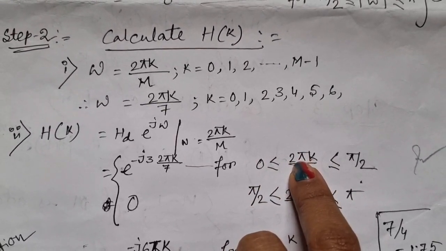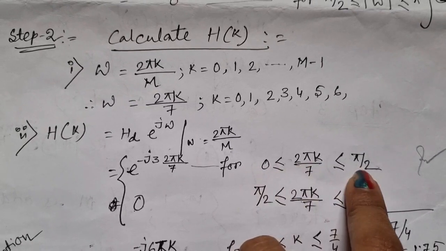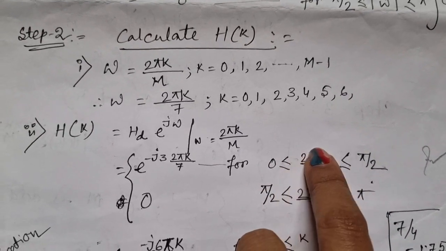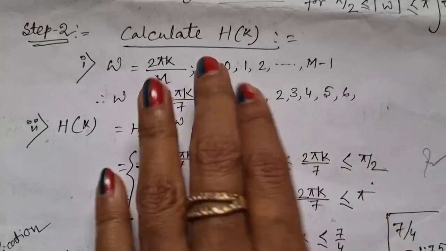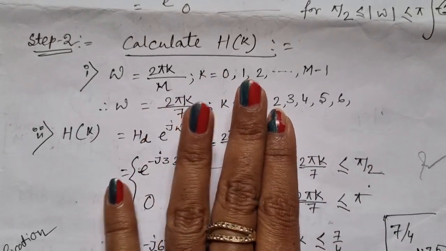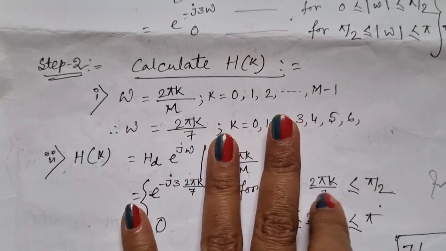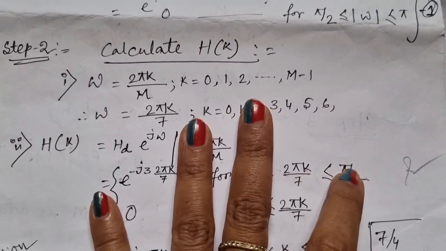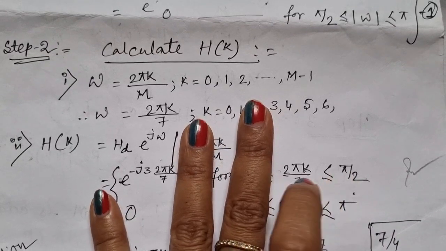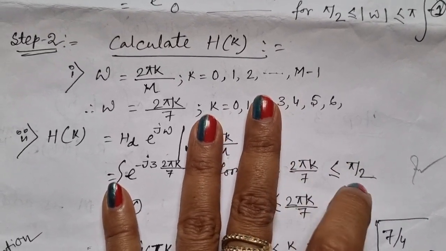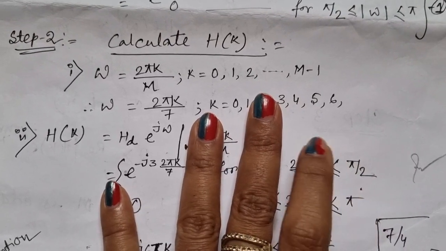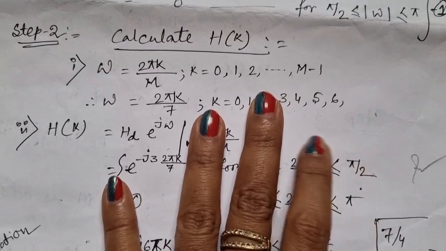Whenever we have this limit, we can simplify: this pi and this pi will be cancelled out, this 7 will go over there, and these 2 will go here, as we are calculating the value of k.